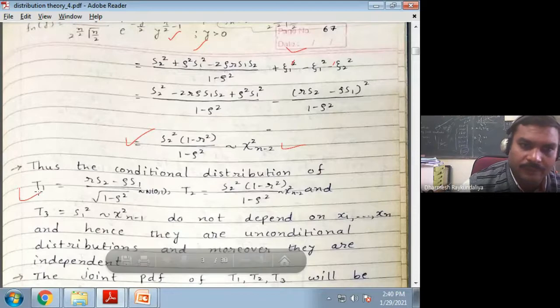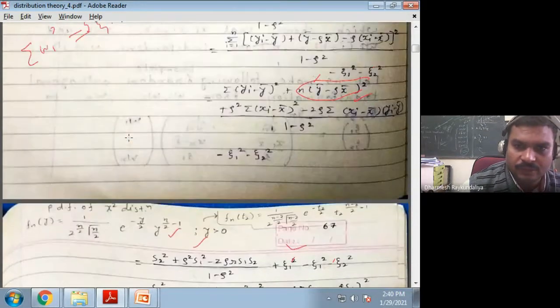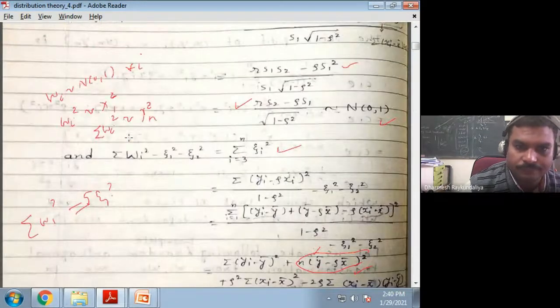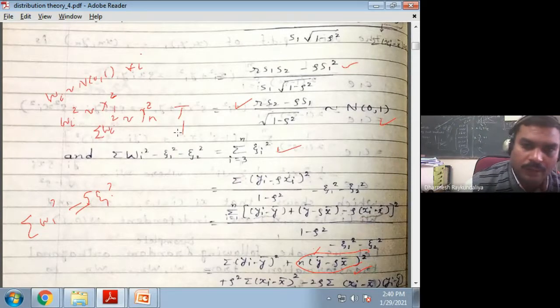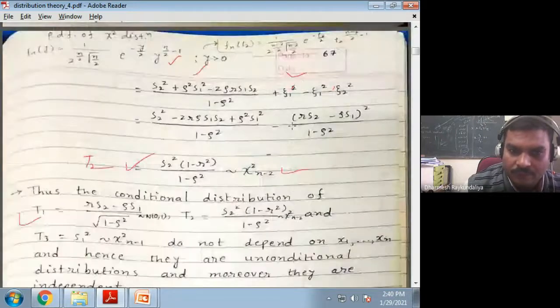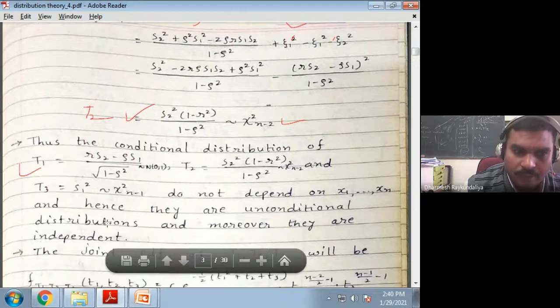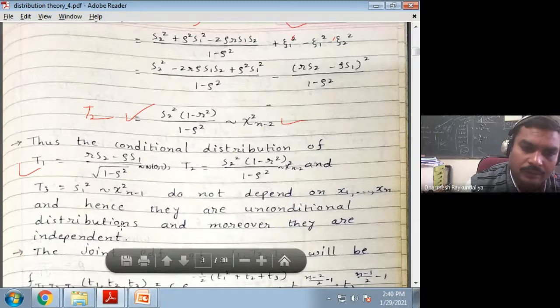If I redefine the names, I am calling this t2, this t1, and t3 is s1 square, where s1 square is summation xi minus x bar square, and of course we know that it has a chi-square distribution with n minus 1 degrees of freedom.